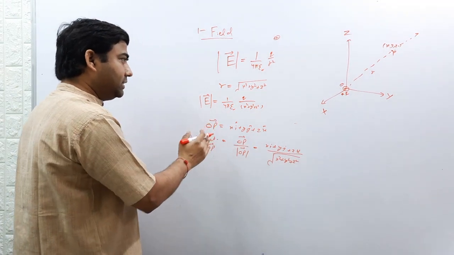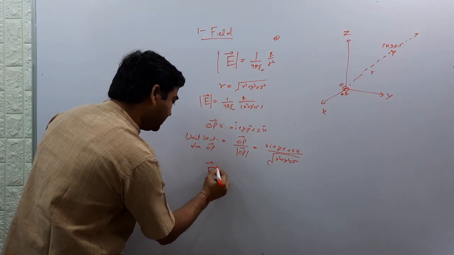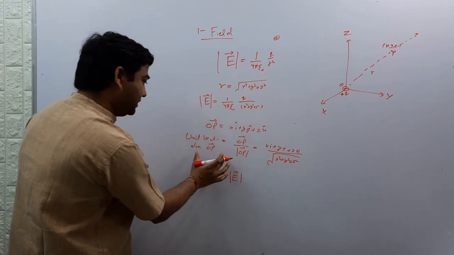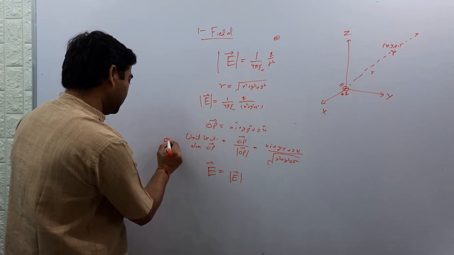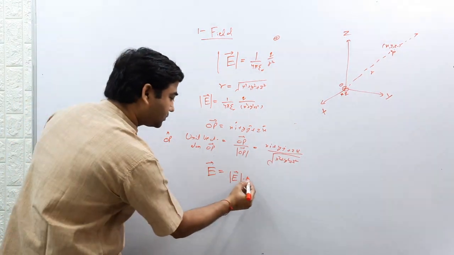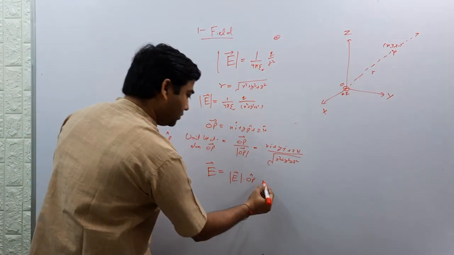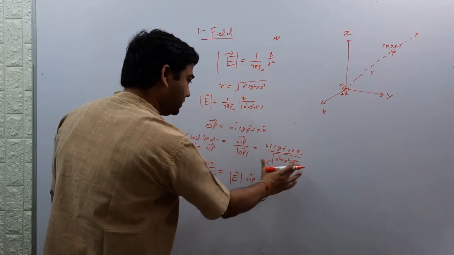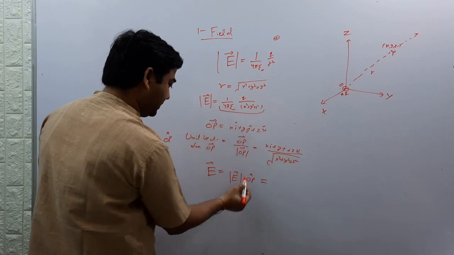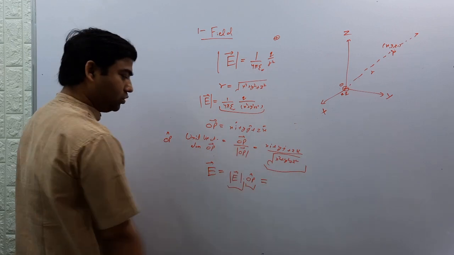Now vector E is also in the direction of OP. So we can say vector E is equal to the mod of vector E into the unit vector, let us call it OP cap; we use the cap to represent a unit vector. So vector E is the mod of E times the unit vector OP.